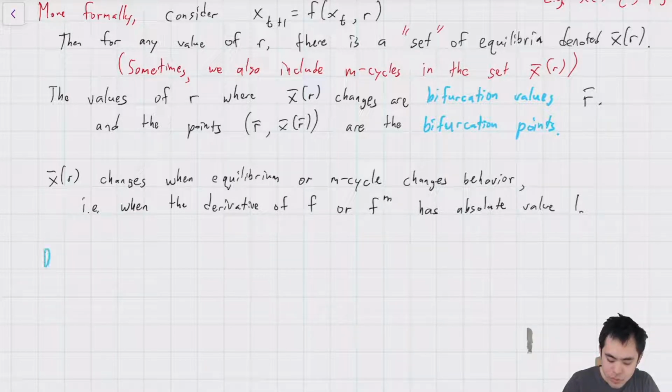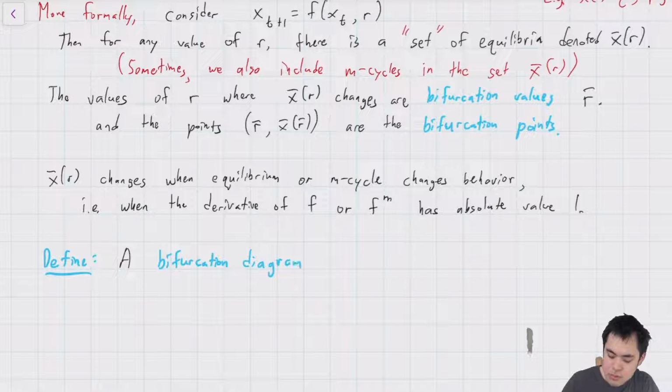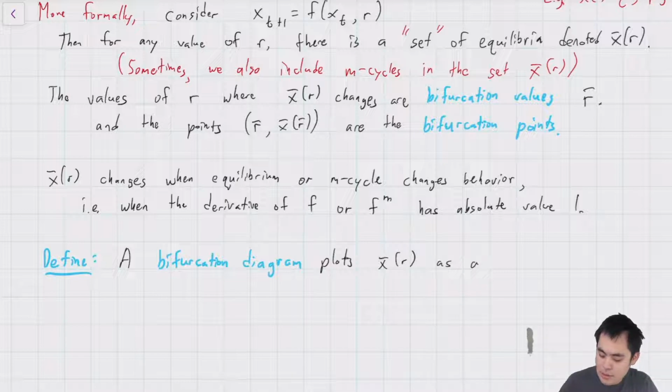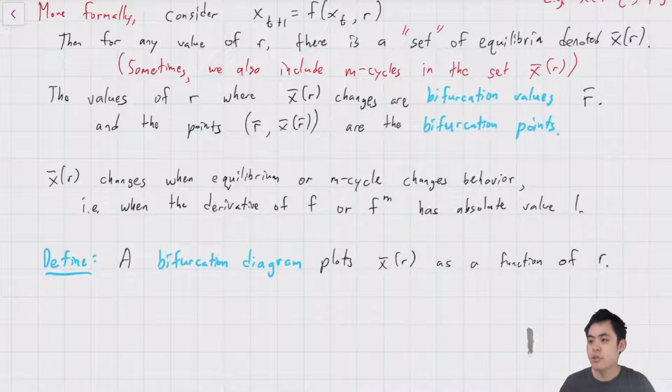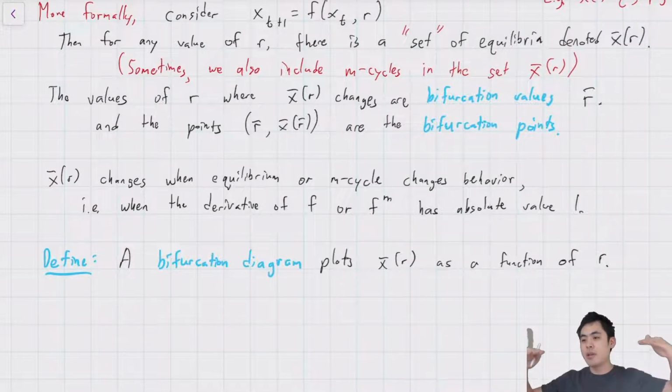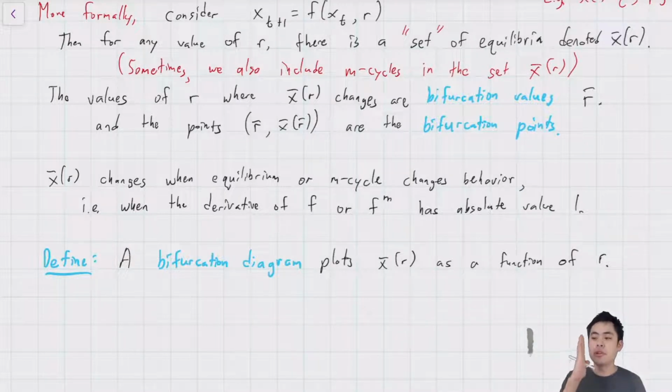And so we can plot this visually, which is the usual way this is depicted, is something called a bifurcation diagram. So a bifurcation diagram plots x bar of R as a function of R. Recall that this is a set, and so you have some value of R on the horizontal axis, and then on the vertical axis you can plot each of the different equilibria points.